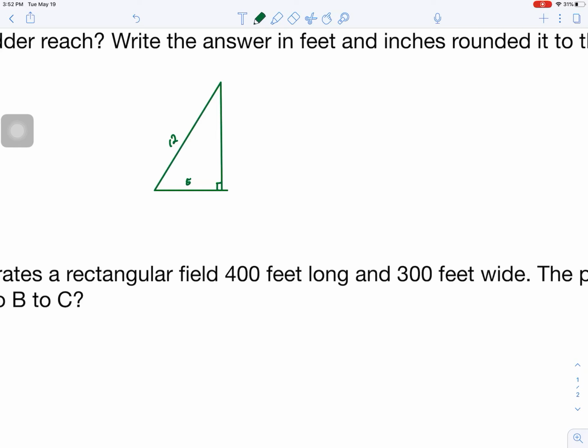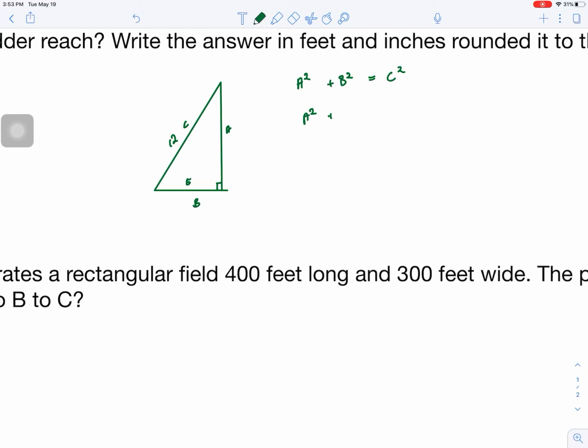So if you look at this, we have to label this C. This can be A, this can be B, it doesn't matter. We know that A squared plus B squared equals C squared. So figuring that out, A is, we don't know.